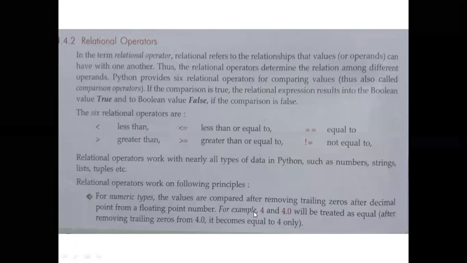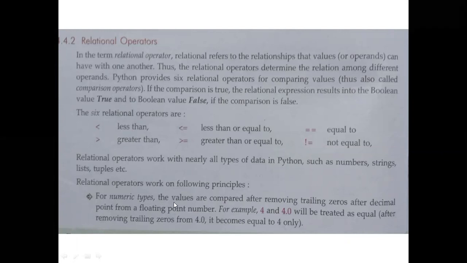For example, 4 and 4.0 both are equal. 4 and 4.0 will be treated as equal. Why? Because after removing the trailing 0 from 4.0, it becomes equal to 4 only. That's why it considers the numbers only after removing the trailing 0.